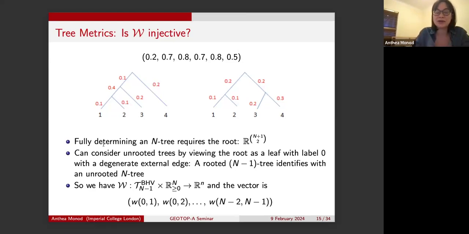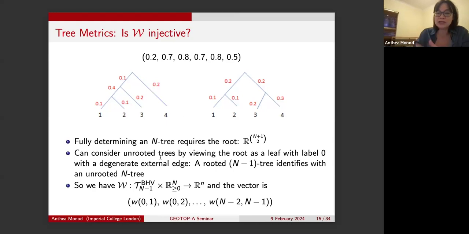Here's an example where you can see this immediately. This is the vector representation of the tree in terms of pairwise distances between leaves, as I explained before, and it corresponds to these two different trees which have different tree topologies. So only considering pairwise distances is not enough to determine a tree.